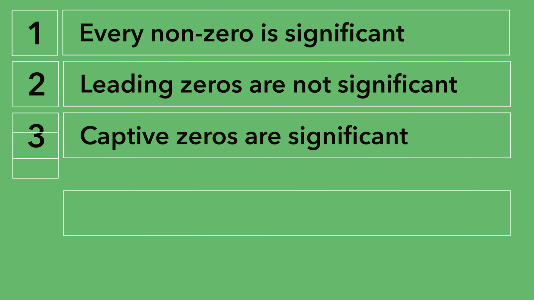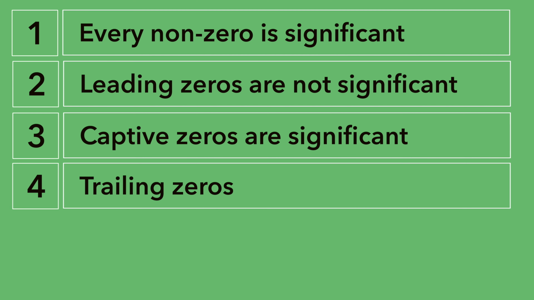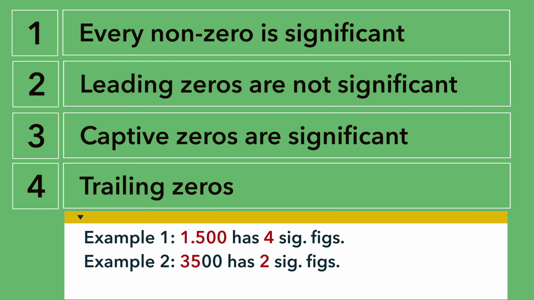The final type of zero we will find in measurements are trailing zeros, which occur after the last non-zero digit. Whether or not these zeros are significant depends whether or not there is a decimal point in a value. If a decimal point is present, such as in the case of 1.500, the trailing zeros are significant because they are showing us that the value is accurate to the thousandth place.